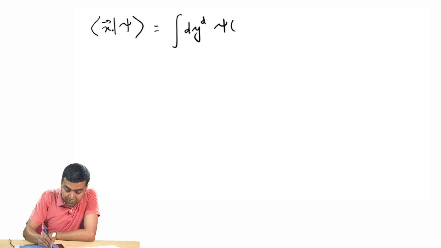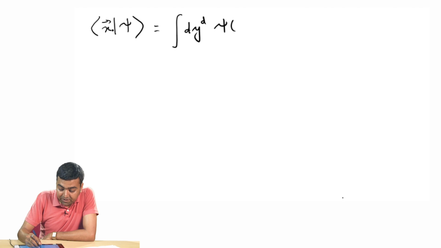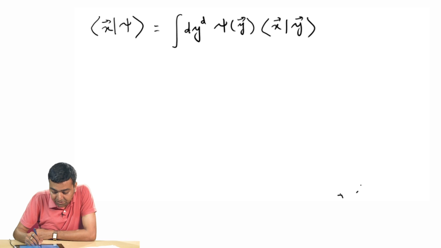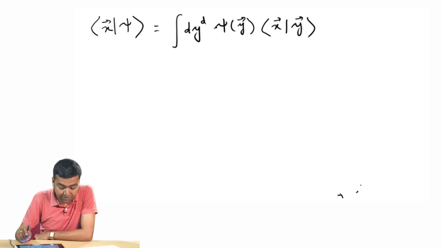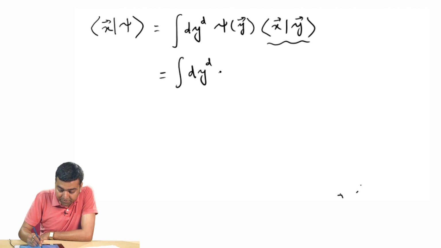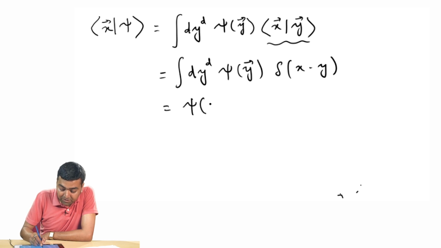So this is my x. My psi I need to now represent in y, and then it will operate on this. Again, these represent d-dimensional functions. If I do this integral, I know this will give me a delta function. So I can write this as psi y delta of x minus y. Now if I complete this integral, this is nothing but my psi x.